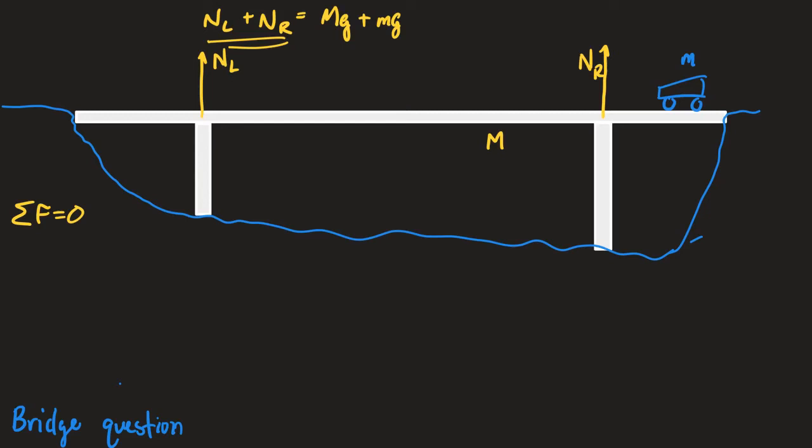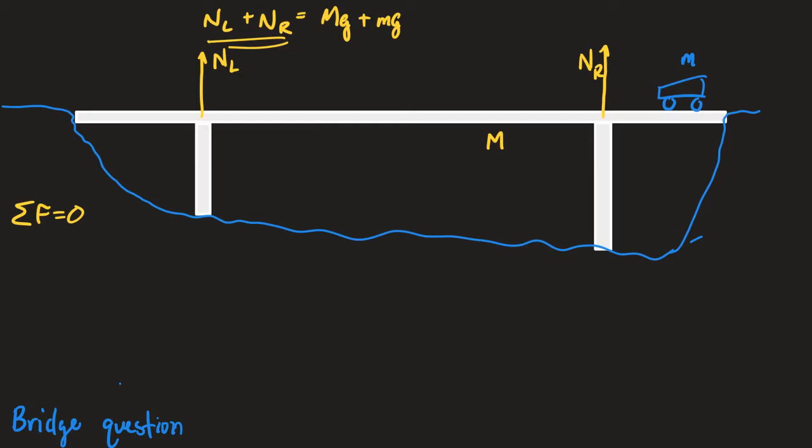The only time the normal force will be equal is when the car is in the middle of the bridge. What's interesting is that when the car is off to one side, this probably has more normal force than the car and its share of the bridge.